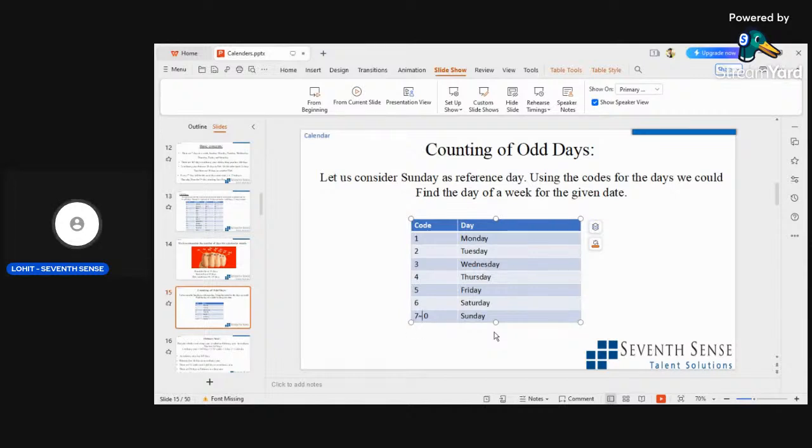After calculating, if in the end you get the answer 1, that day is Monday. Suppose we get 2, that day is Tuesday. If we get 0 or 7, it is Sunday.